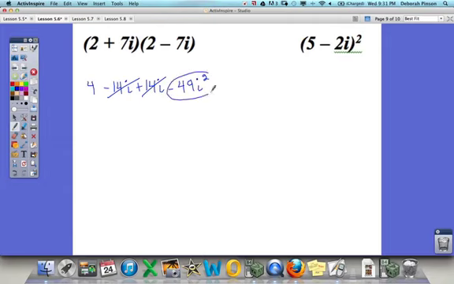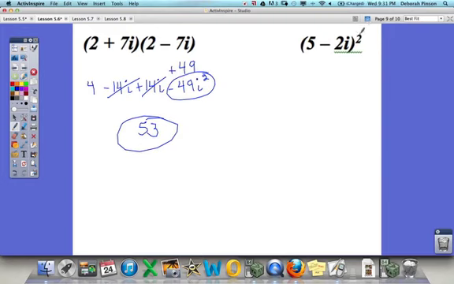With conjugates, you get some canceling to happen, so lucky us. i squared is negative 1, so negative 49 times negative 1, two negatives make a positive, and all I have left is 4 plus 49, which is 53. No i's involved here.